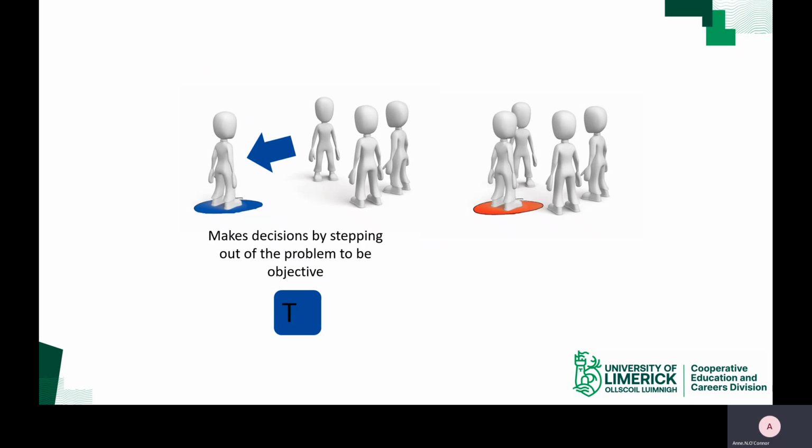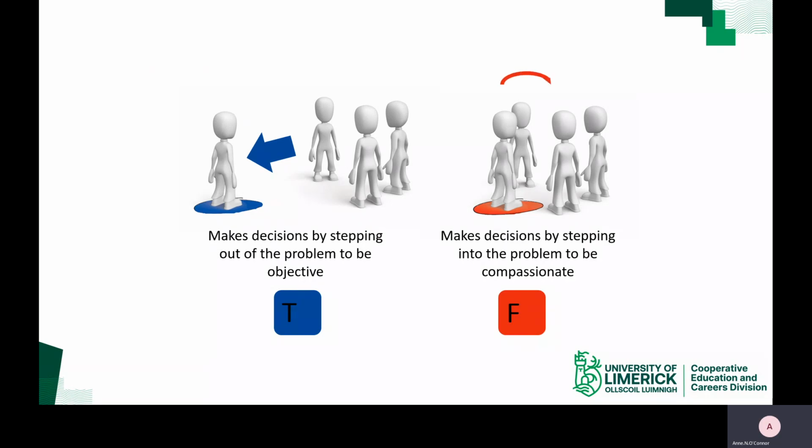So they don't get involved in any of the emotion. Don't think of the people involved. Really just think about being objective in that situation. Whereas if you have a preference for F, you make decisions by stepping into the problem and being compassionate. So it's all about the people. It's all about how they are feeling.